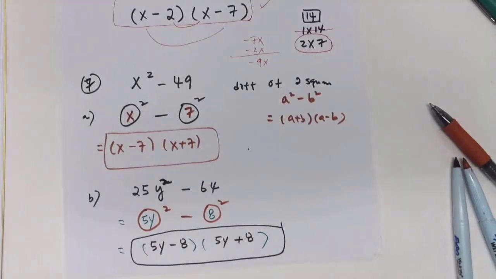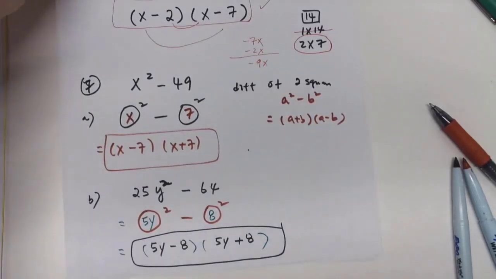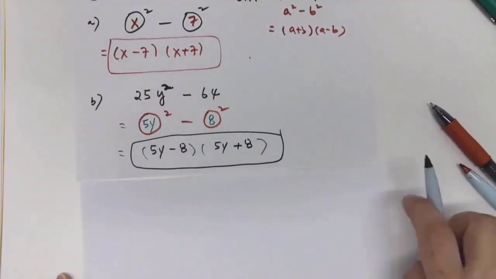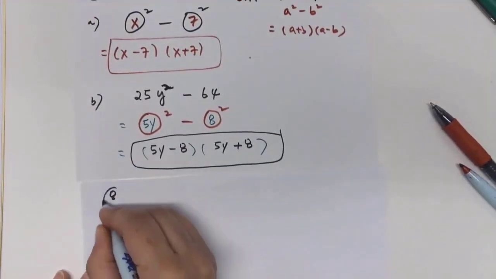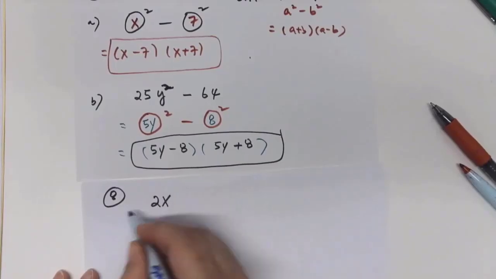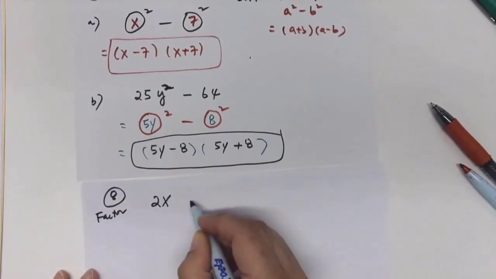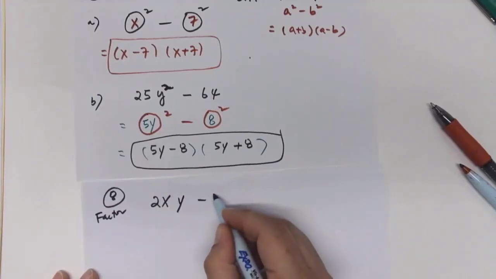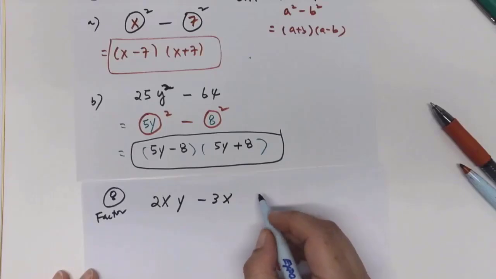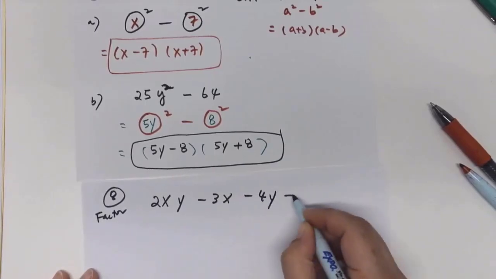Alright, so the next one is going to be 4 terms. So let's see, for 4 terms. Number 8. With 4 terms, we are going to have 2xy minus 3x, and then minus 4y plus 6.